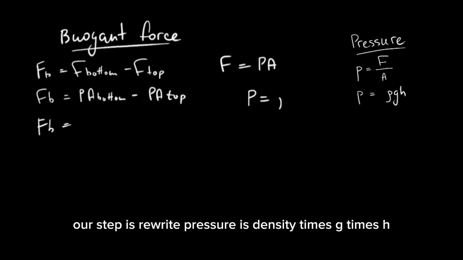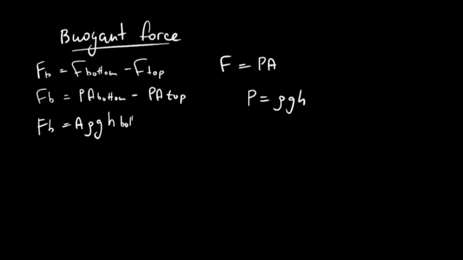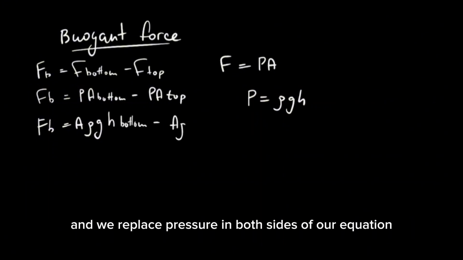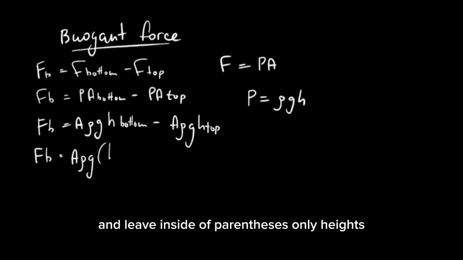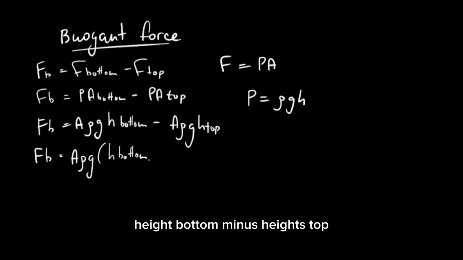Next, our step is to rewrite pressure as density times g times h, and we replace pressure on both sides of our equation. We can simplify our equation and take out area, density and g, and leave inside the parentheses only heights: height bottom minus height top.